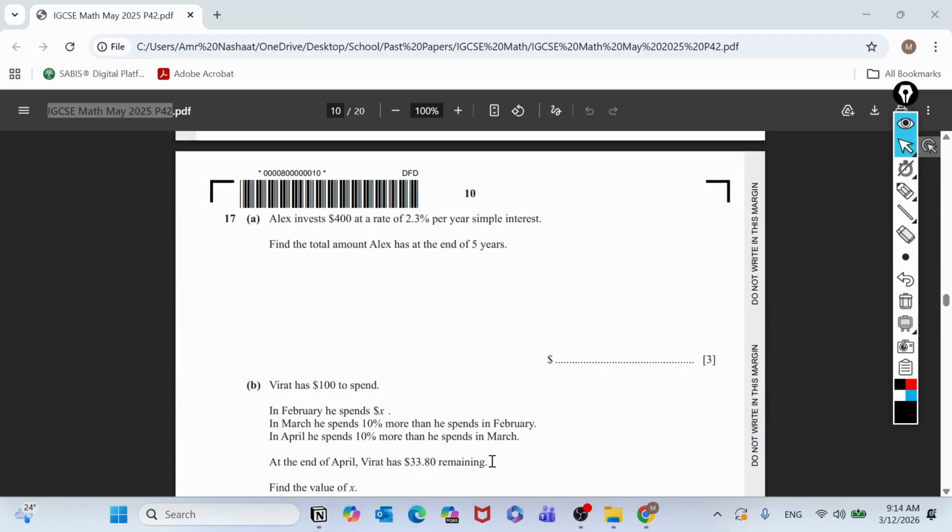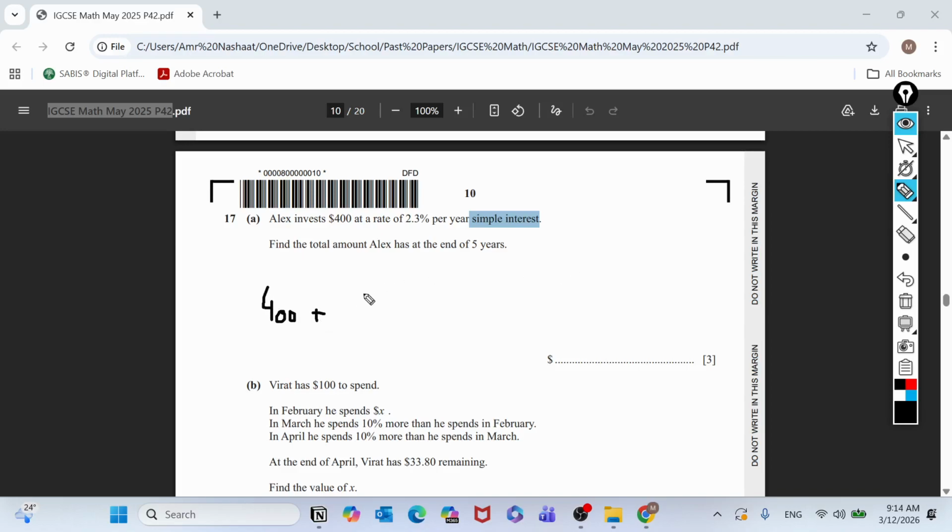Alex invests $400 at a rate of 2.3% per year. Simple interest, not compound interest. So it starts with 400. And then how much is he gonna gain?